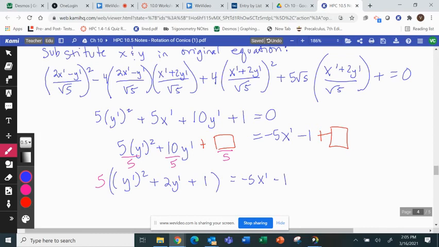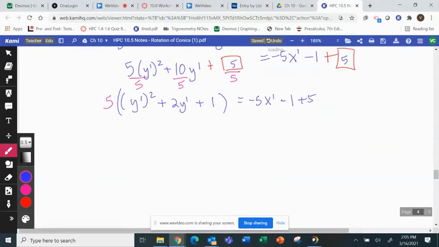But when I actually fill it into the square, it's not going to be a 1. What will it be? It'll be a 5, right? I'll multiply that 5 back in. So then we will factor and we'll get y prime plus 1 squared equals negative 5x prime plus 4.